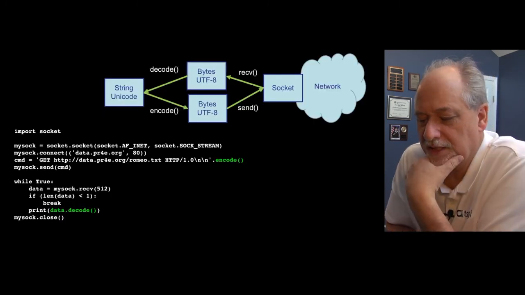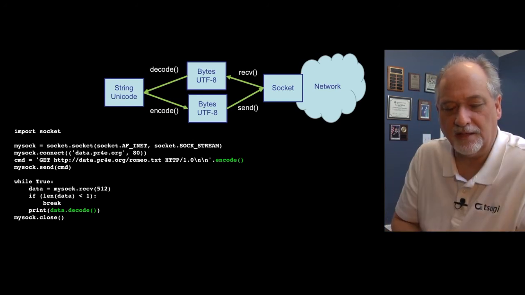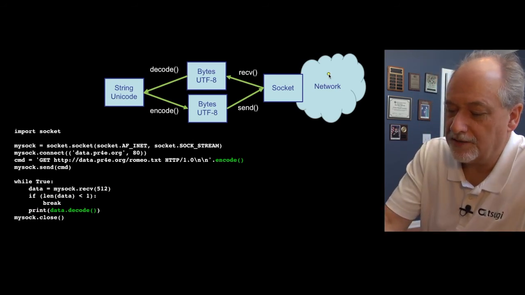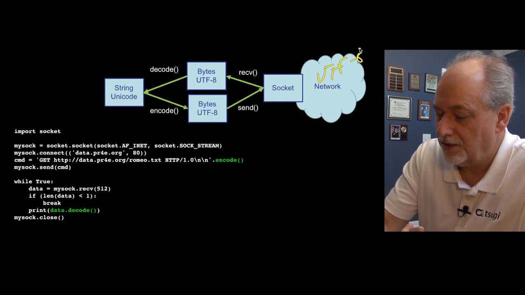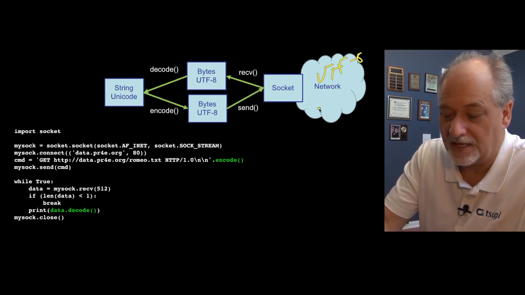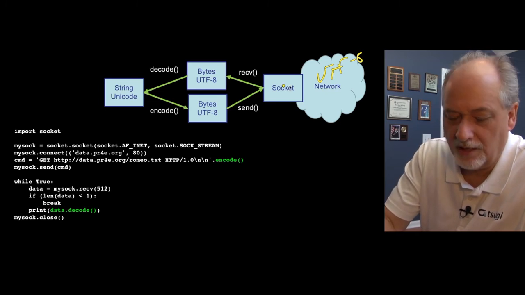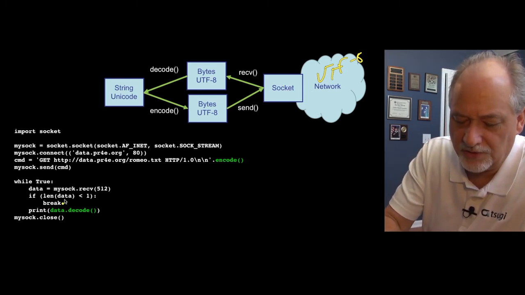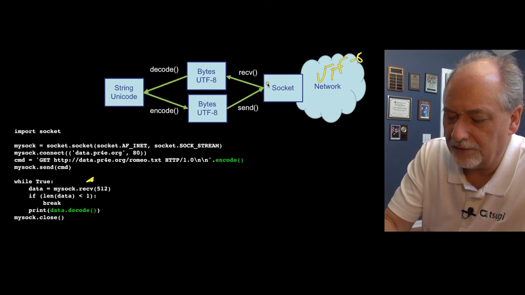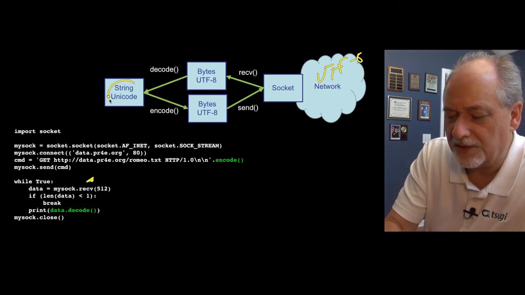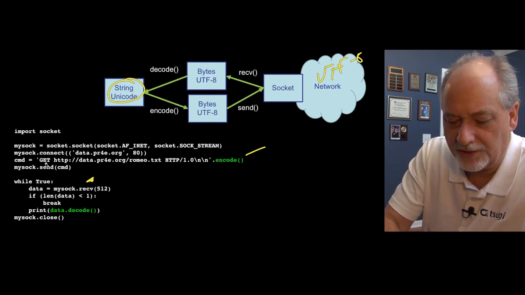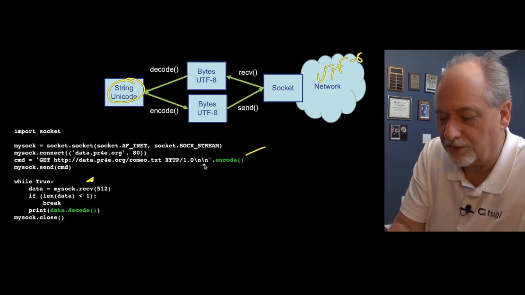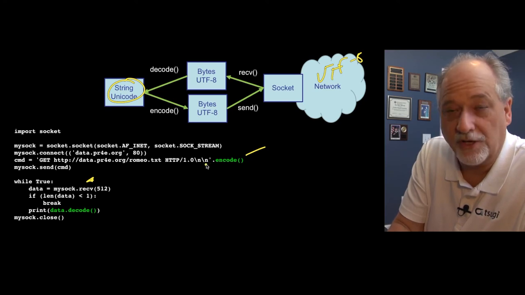You can think of the process this way: the network has these mostly UTF-8 resources, not ASCII. If it's ASCII, it's okay. Let's start with the send. Up here we have a Unicode string. That's a Unicode string, even though there's no special characters in it, no Asian characters or French characters.